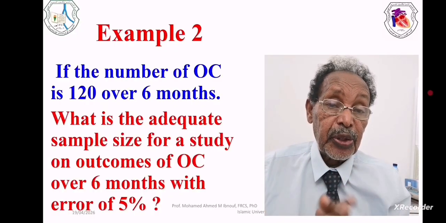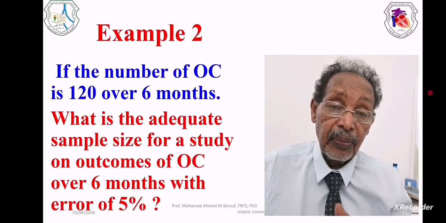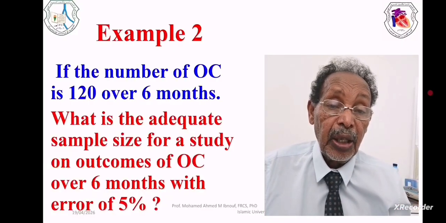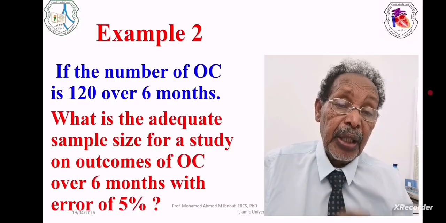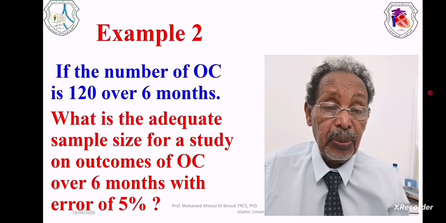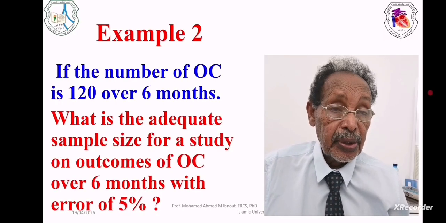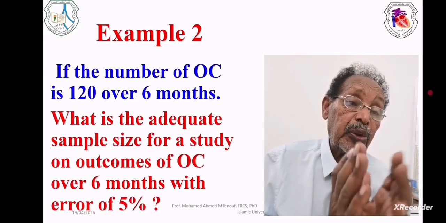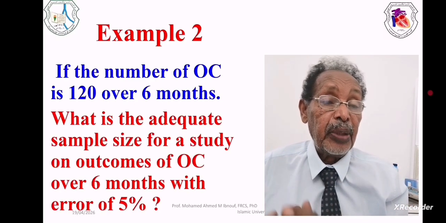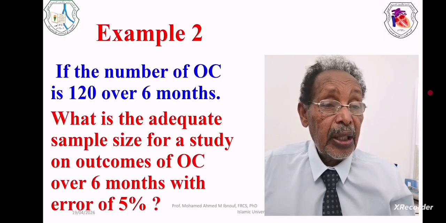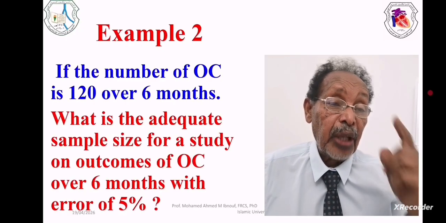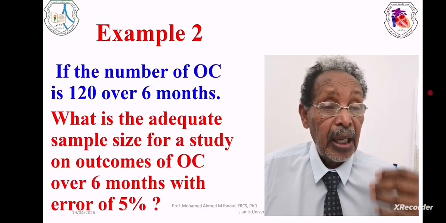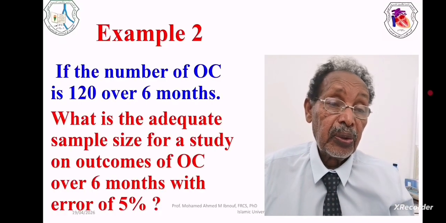What is the adequate and representative sample size for a study on the outcomes of open cholecystectomy over 6 months, with a margin of error of 5%, that is a confidence interval of 95%? Our sample size will be correct and our calculation will be correct, and hence it will be generalizable.